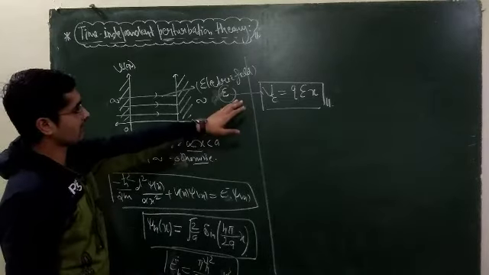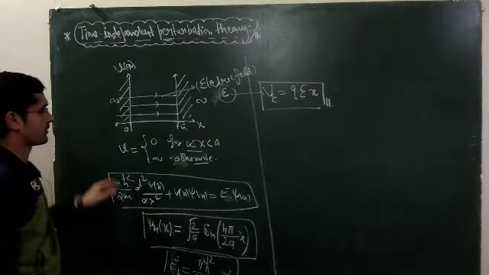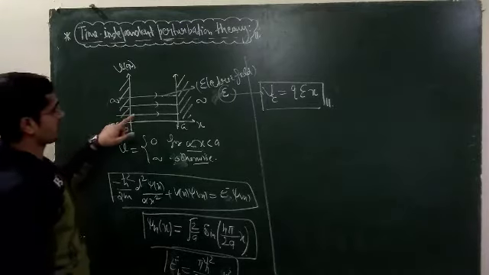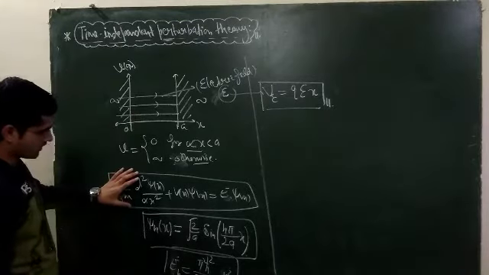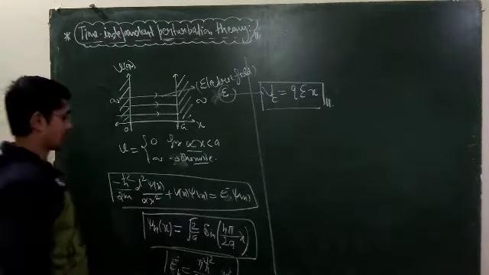Because of this additional potential energy, the Hamiltonian of the particle will get disturbed.